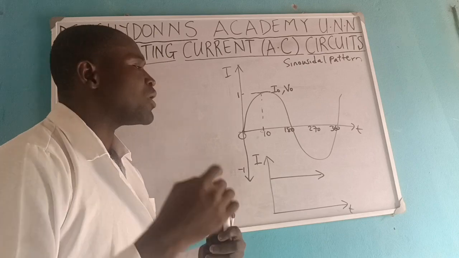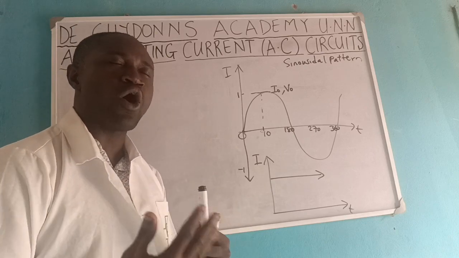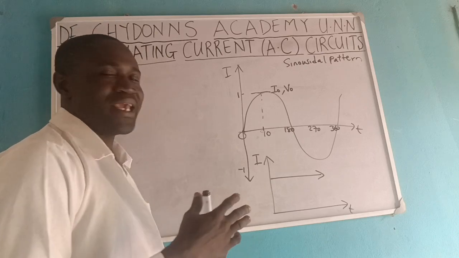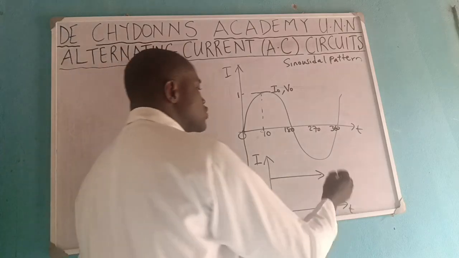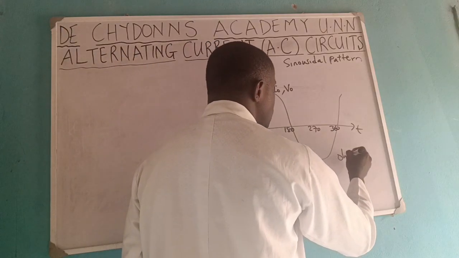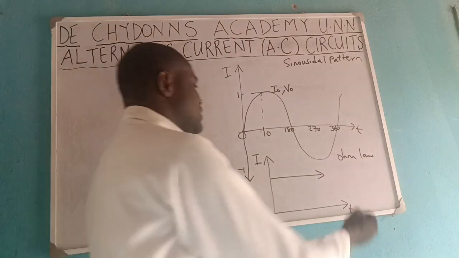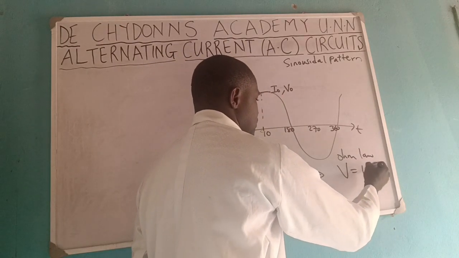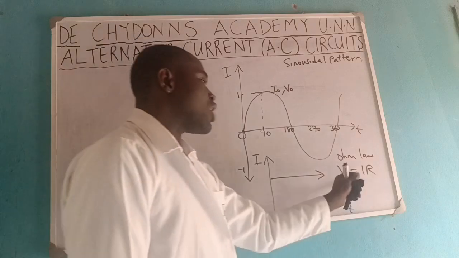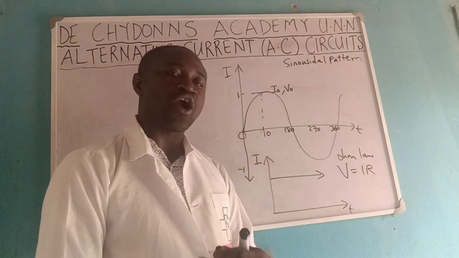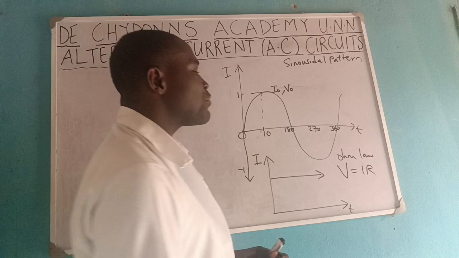Now, in a direct current circuit, it is important for us to remember some laws which we use there. One of those laws is what we call Ohm's law. Ohm's law, what does it state? That the current flowing through a conductor is directly proportional to what?